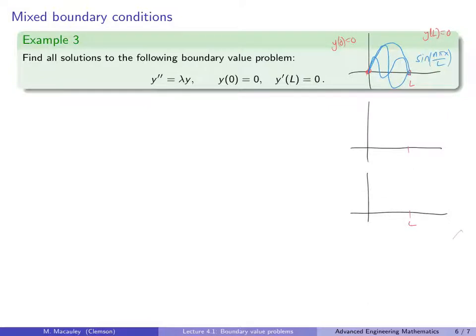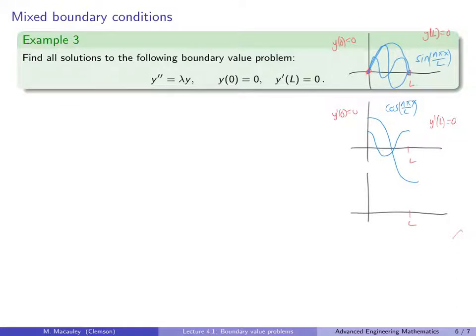So the next one, we specified not the value, but the rate of change. We said that saying y prime of 0 equals 0 and y prime of L equals 0 said that these things had to be flat. So for example, we had things like cosines. So we had cosine of n pi x over L. And maybe something like that as well.